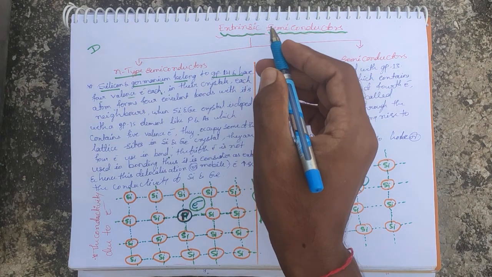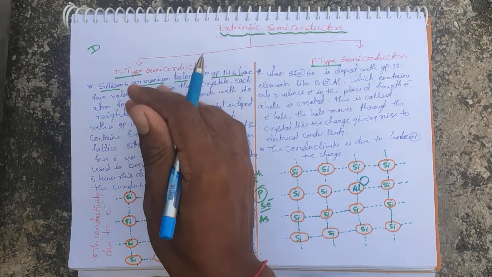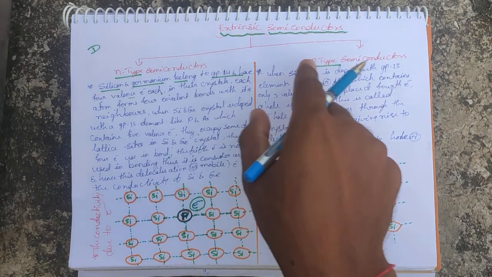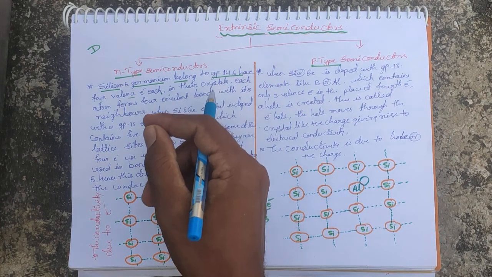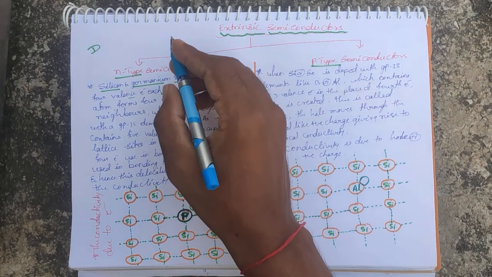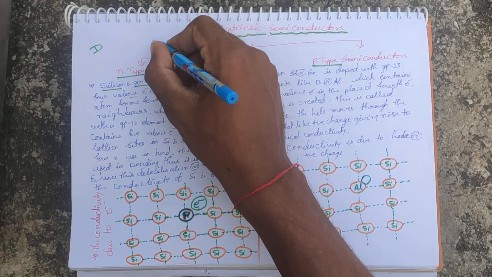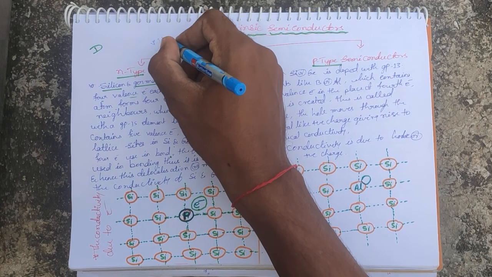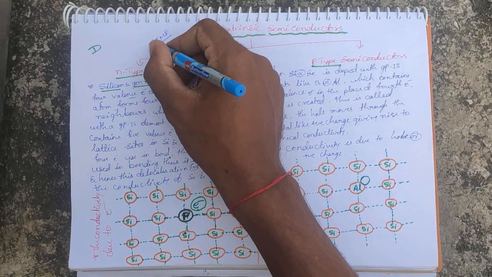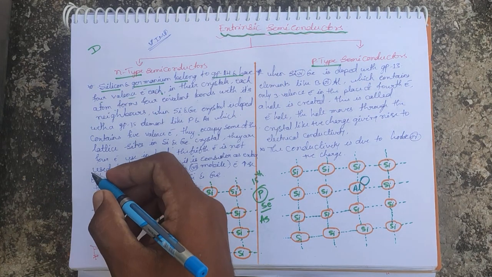That's why I am planning to do the extrinsic semiconductor, that is the n-type and p-type semiconductor, as a separate small video, because the n-type and p-type semiconductor is a very important concept. Don't skip anyone, read this n-type and p-type semiconductor.